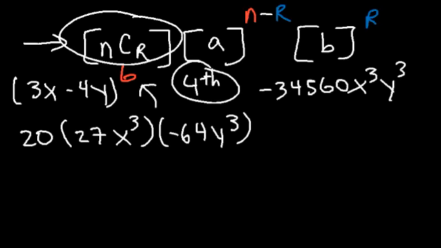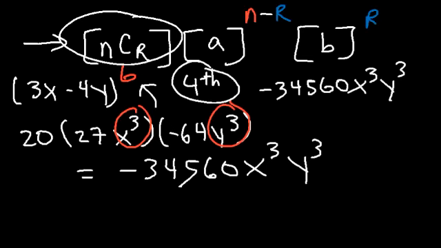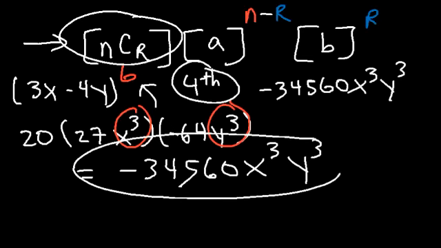Now, if we multiply 20 times 27 times negative 64, this is going to give us negative 34,560, and then you can see it's x cubed y cubed. So this is the fourth term, and the coefficient of the fourth term is negative 34,560.